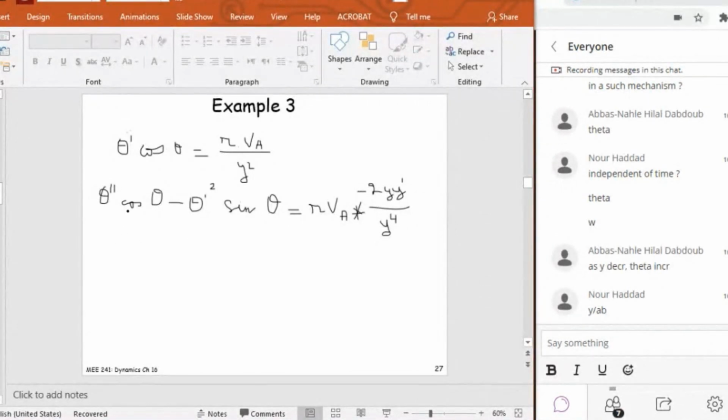And of course, then you can replace cosine theta and theta dot sine theta by their equations in terms of y. And here you can do the simplification of y with one y from here, so this will be y cubed. And you can replace minus y prime by VA, and then you can have the equation of alpha. Do you have any questions, guys?